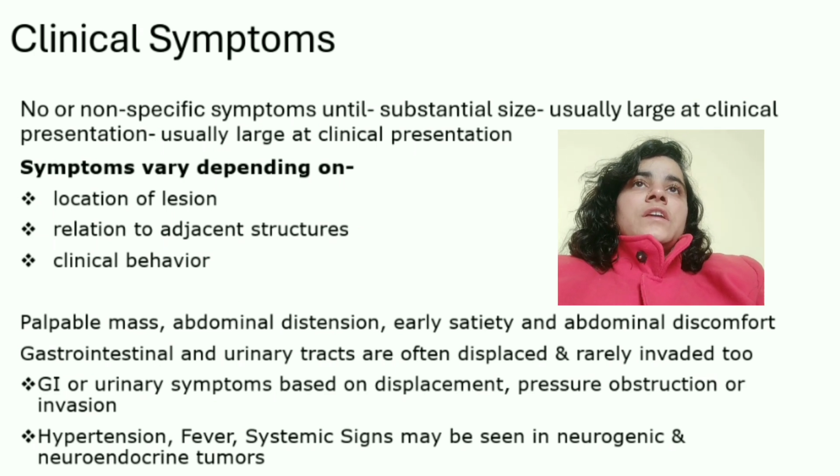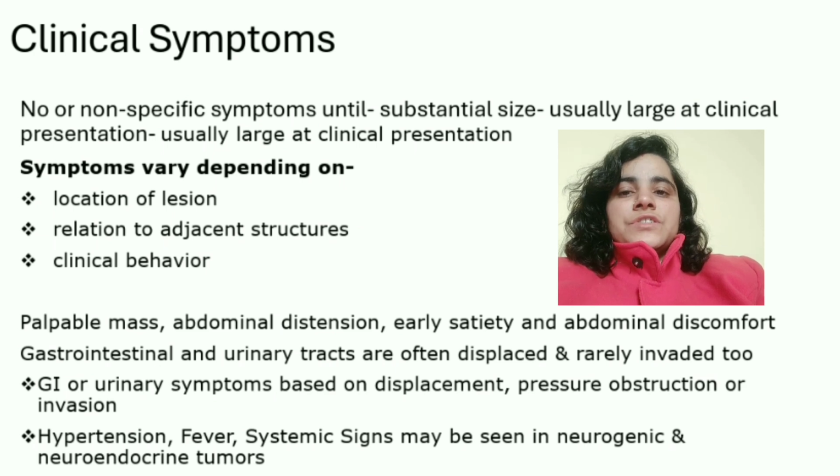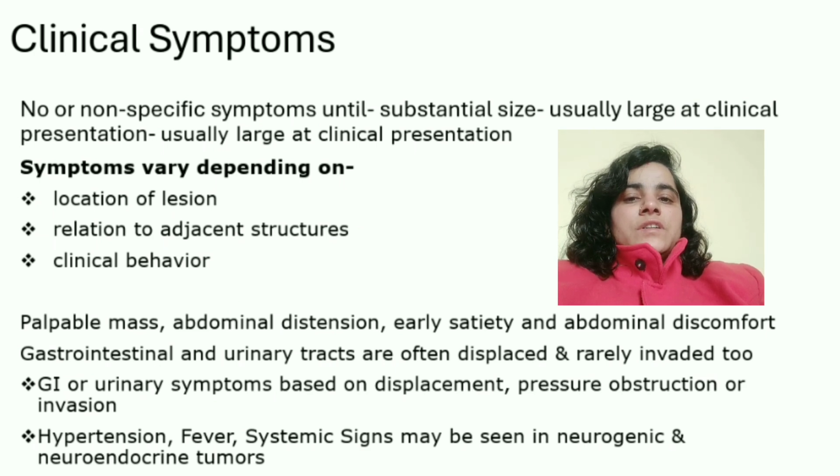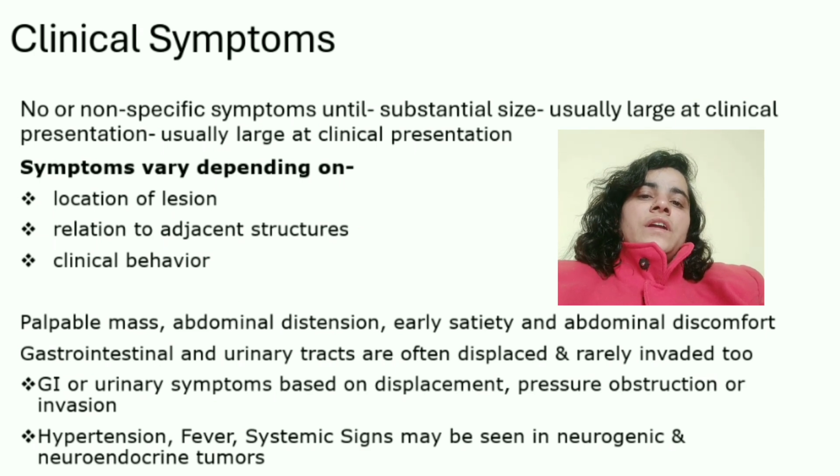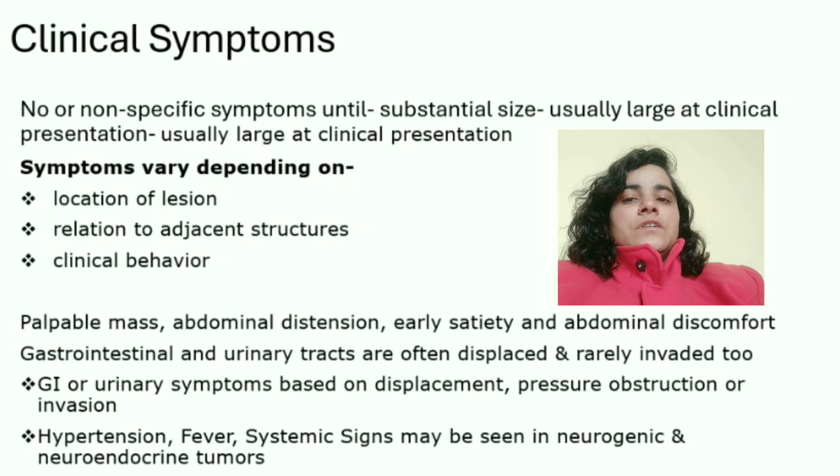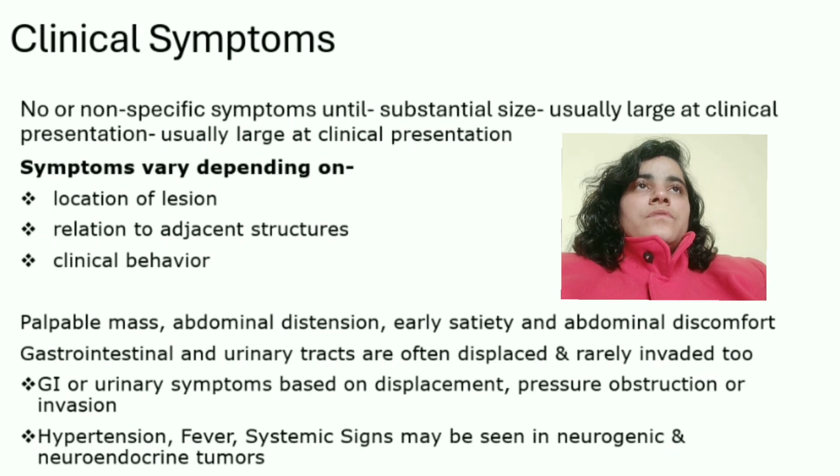Symptoms vary depending upon the location of the lesion, relation to the adjacent structures, and clinical behavior of the disease itself. There may be palpable mass, abdominal distension, early satiety, loss of weight, abdominal discomfort in general, and vague pain. Gastrointestinal or urinary tract specific symptoms can be there, which are often because of the displacement and the pressure effect on the tract.